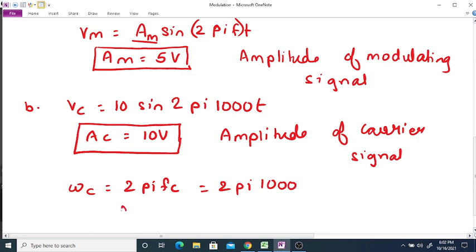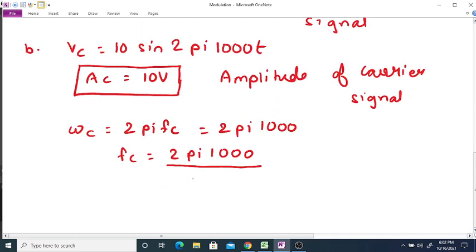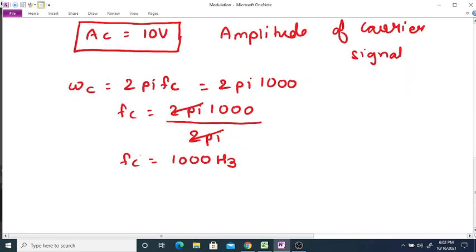So, if we equate this, fc will be equal to 2 pi 1000 divided by 2 pi. So, 2 pi will get cancelled. So, fc will be equal to 1000 hertz, or we can also write it as fc is equal to 1 kilo hertz. So, this is the carrier frequency over here.